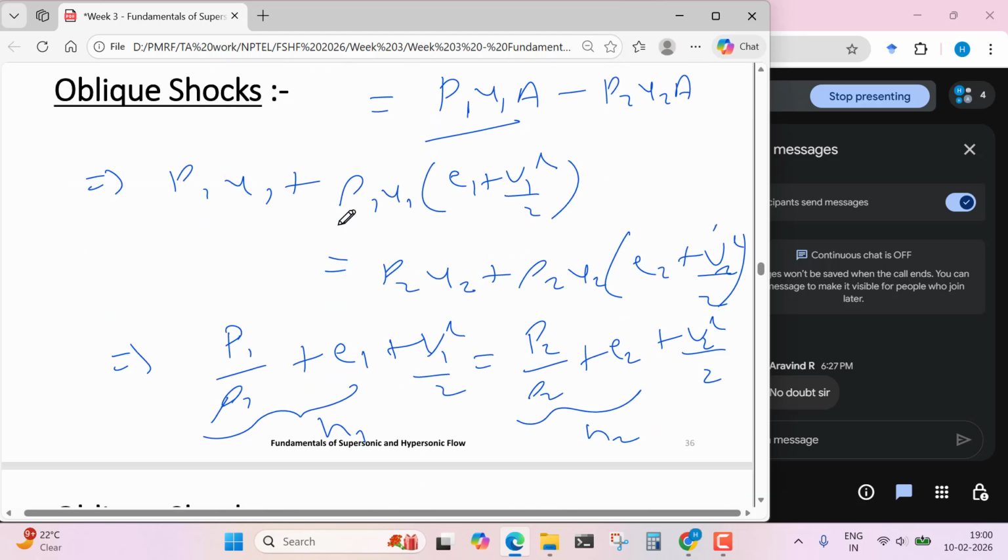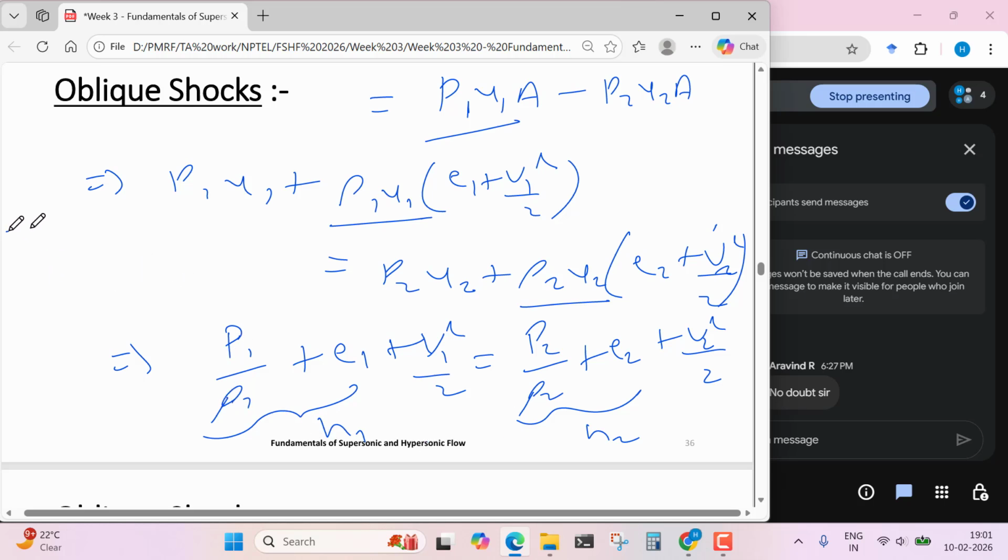Now you see here is ρ1 U1 and this side is ρ2 U2, and both are equal from continuity. So we will divide left hand side by ρ1 U1 and right hand side by ρ2 U2.